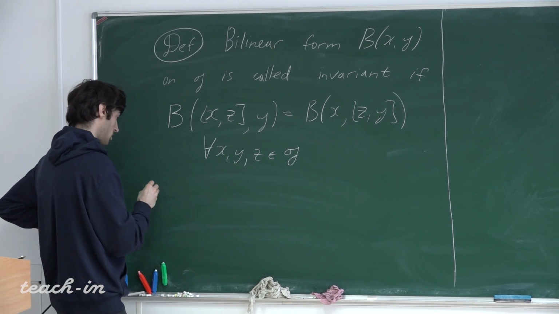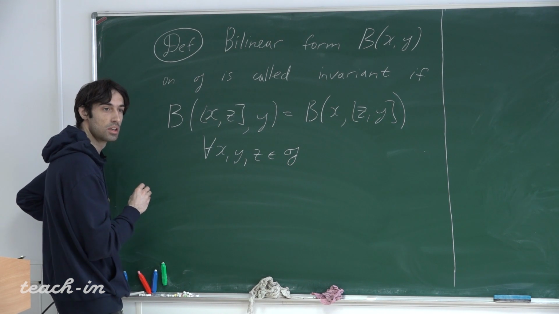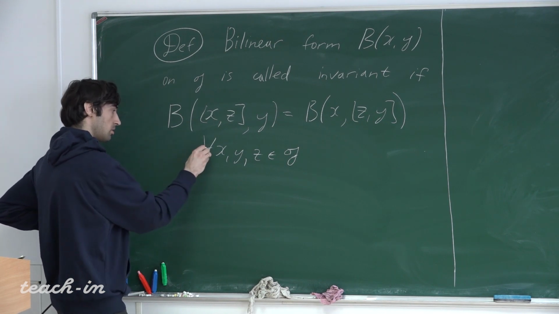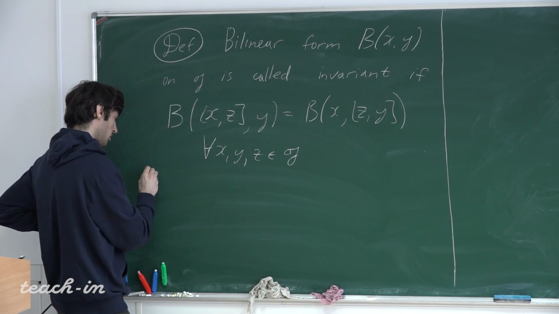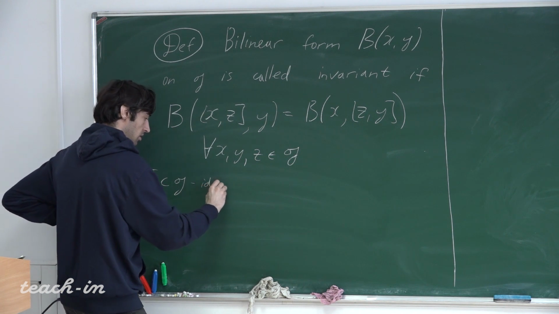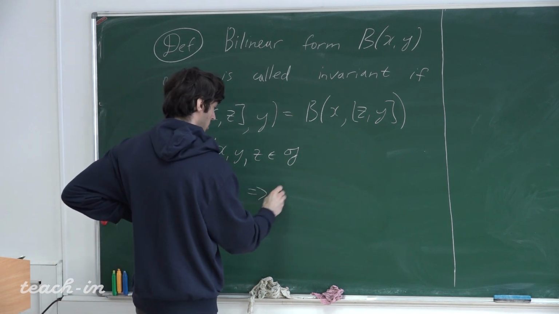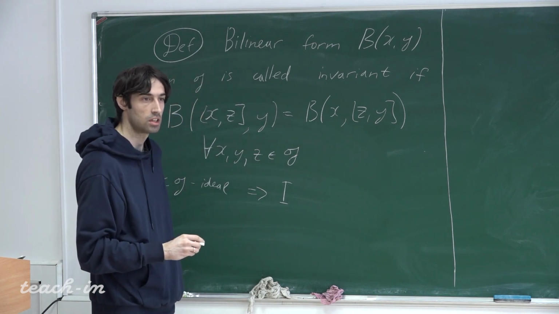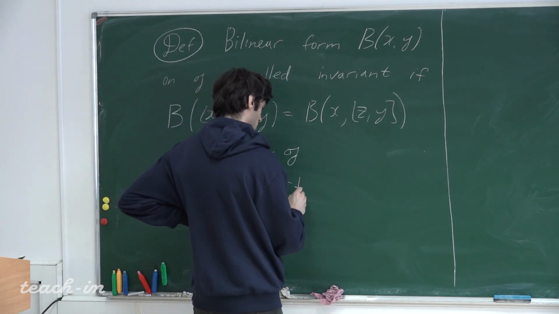And we also had this statement, which is really very easy to see, that if I have an ideal, then the orthogonal complement with respect to an invariant bilinear form is also an ideal.